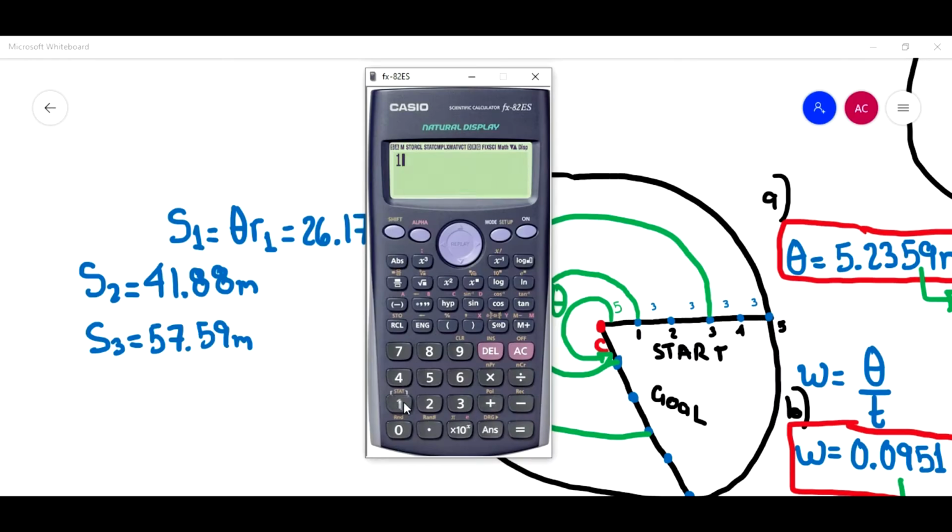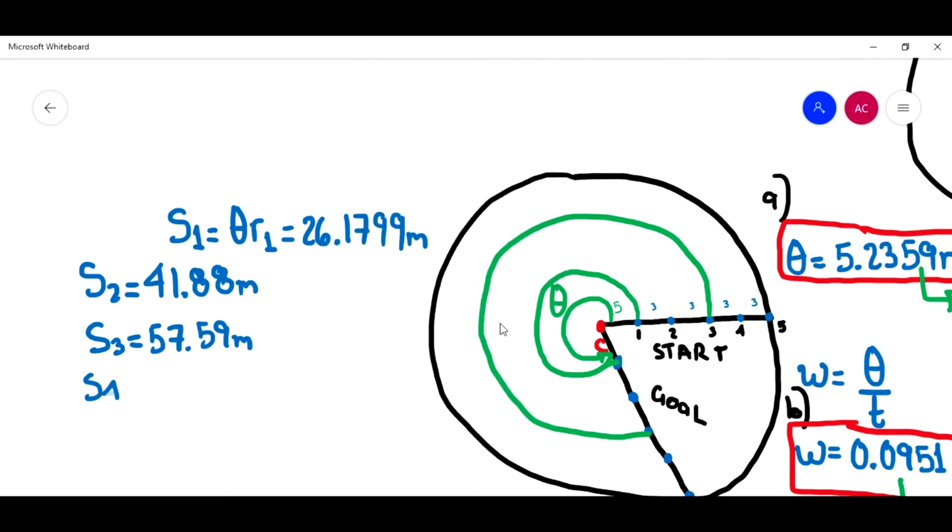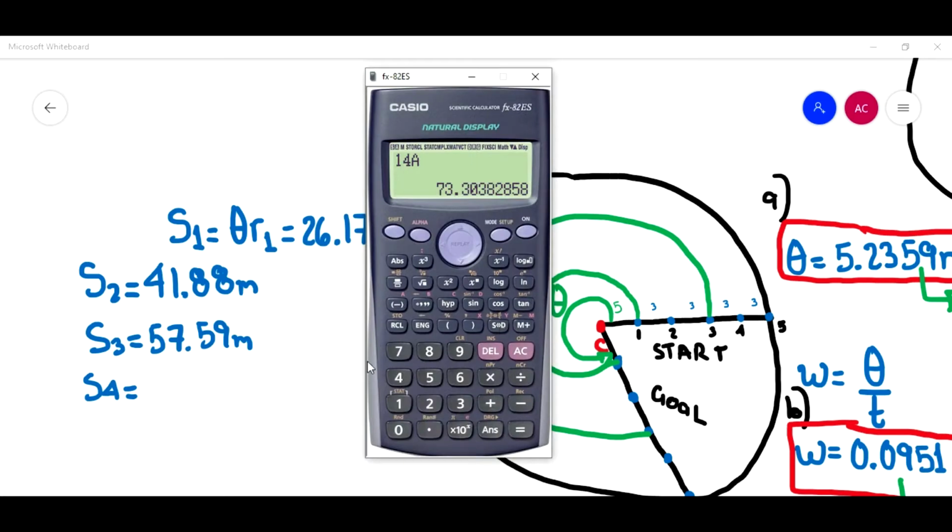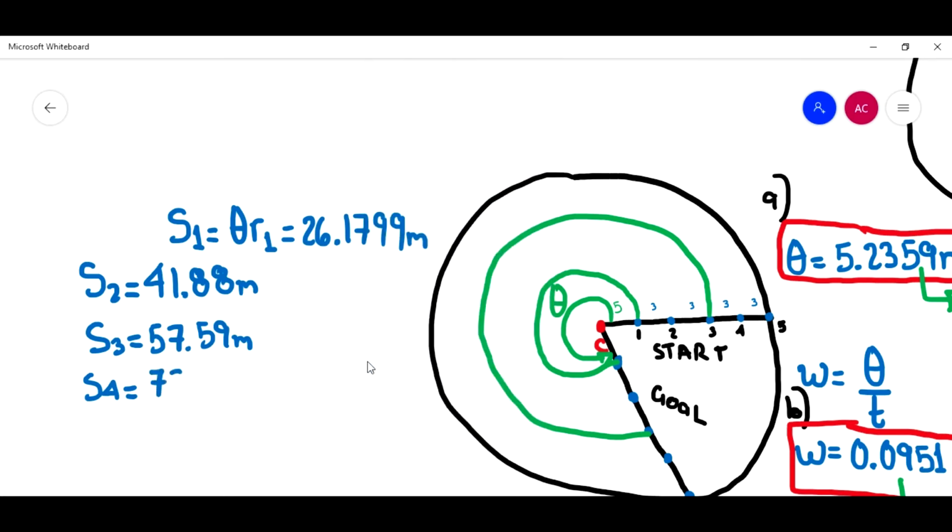The next one is going to be 14A, the distance S4, which is 73.30 meters.